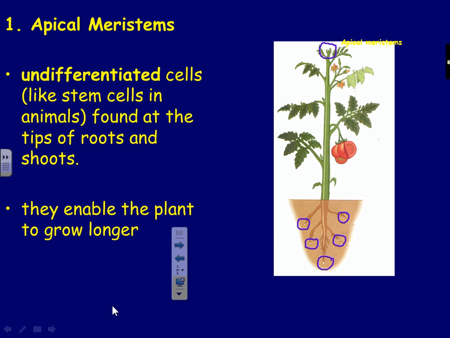They're different than stem cells, though, in that these undifferentiated cells result in growth of the plant. Stem cells are not necessarily for growth in animals or in human beings. We have regular cell division that then results in growth.